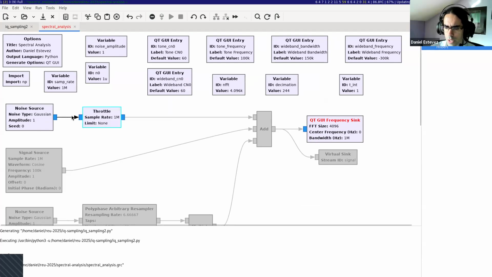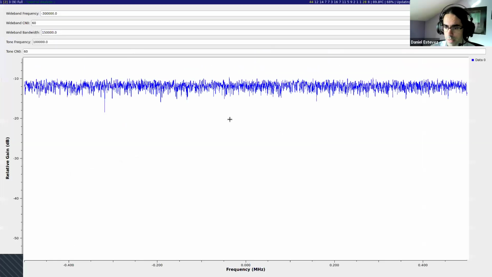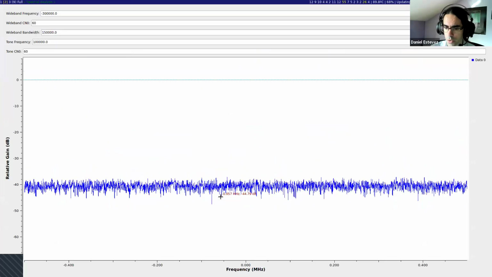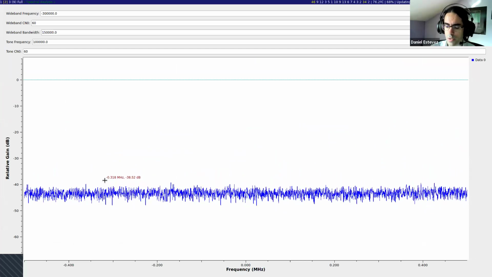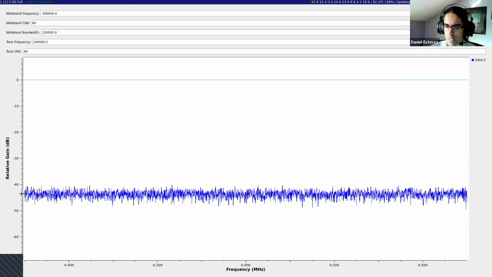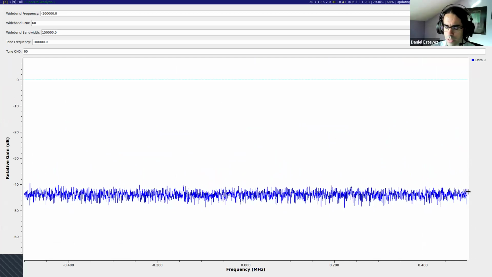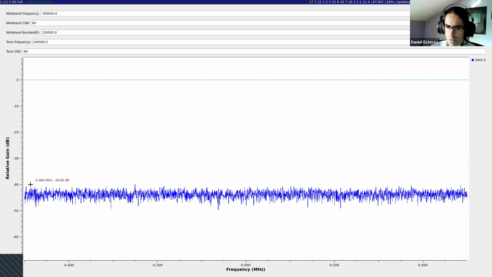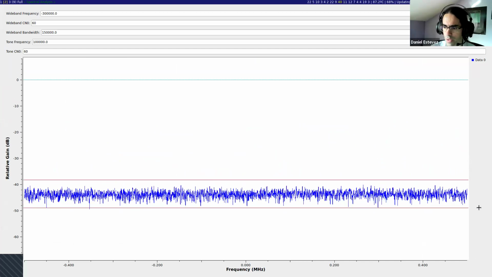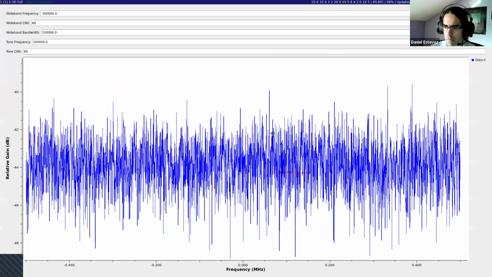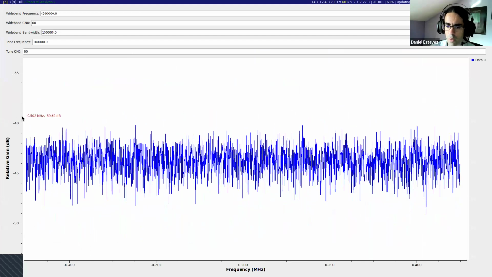And then since we are doing a simulation, I also have a throttle. Let's see how this looks. As you can imagine, it's white noise. That means it has the same power in all the frequencies, or the same average power. Because it is random, it only makes sense to speak about statistics like average power.